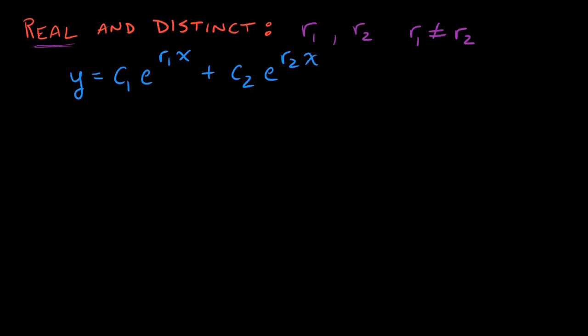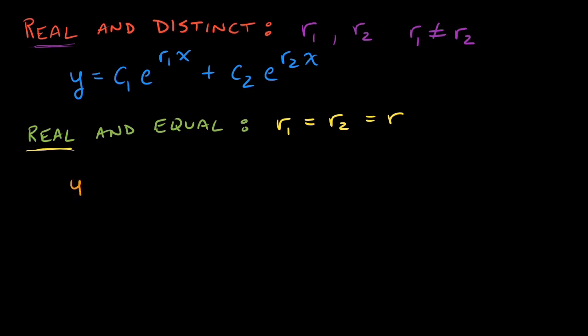Okay, so the next case is what happens when the roots are real and equal. What we mean is we have roots that are R1 equals R2, and we're just going to say that equals R. It's just a single real number. In that case, the general solution is y equals C1 e to the Rx plus C2 times x e to the Rx.